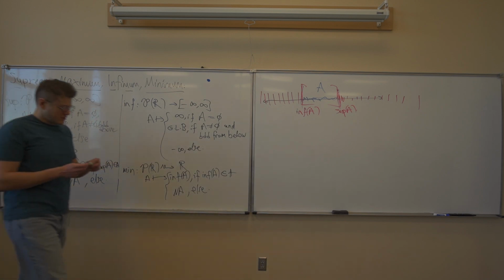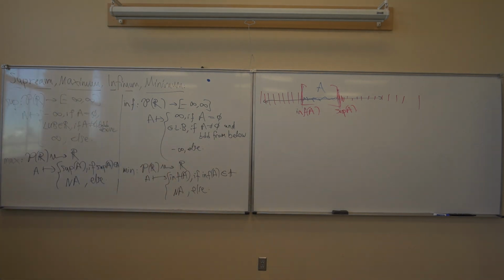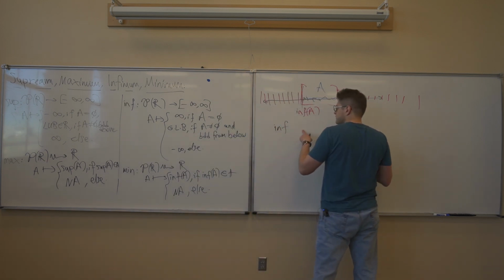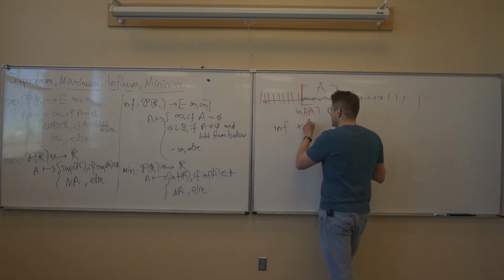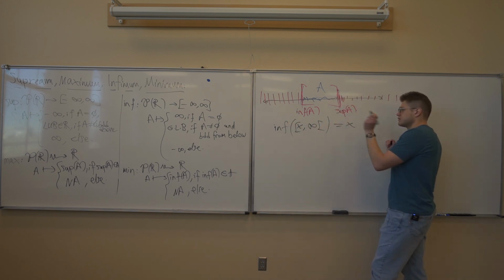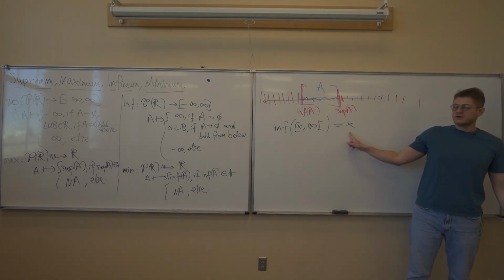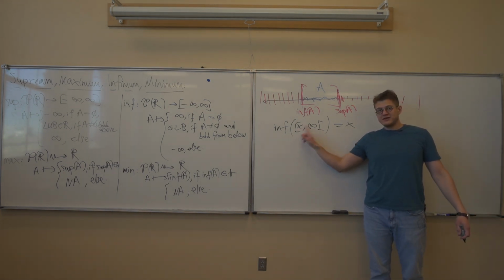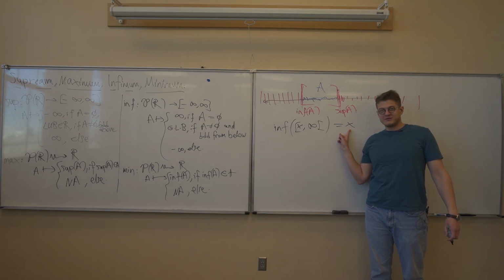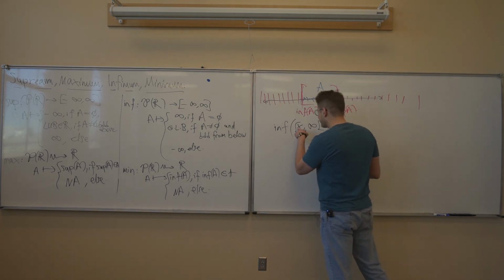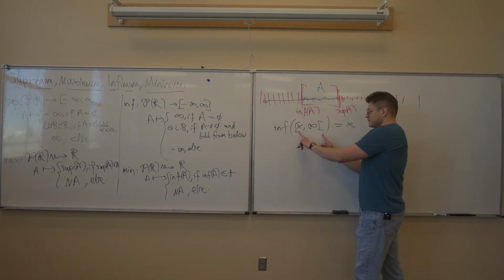Because you can say, what is the, let's say, inf of x to infinity. Of course, this is x. This is the least bound, right? And as I take x to negative infinity, this too goes to negative infinity. What am I saying? Oh, I should be doing the other way around. If x goes to positive infinity, so that this set gets closer and closer to the empty set in a sense, right?